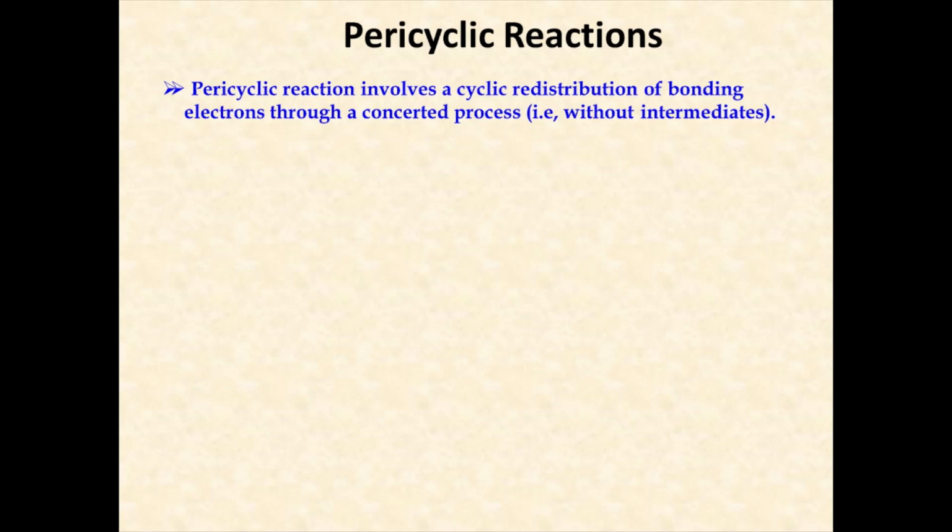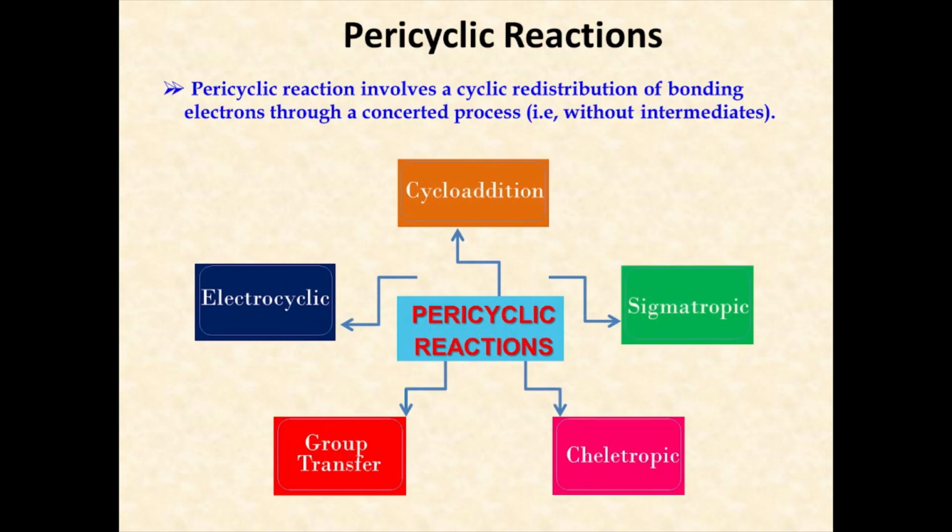Now I will talk about the five most common types or classes of pericyclic reaction that have been extensively studied. First, as you can see, is the cycloaddition reaction, and then the electrocyclic reaction, sigmatropic reaction, group transfer reactions, and cheletropic reactions.